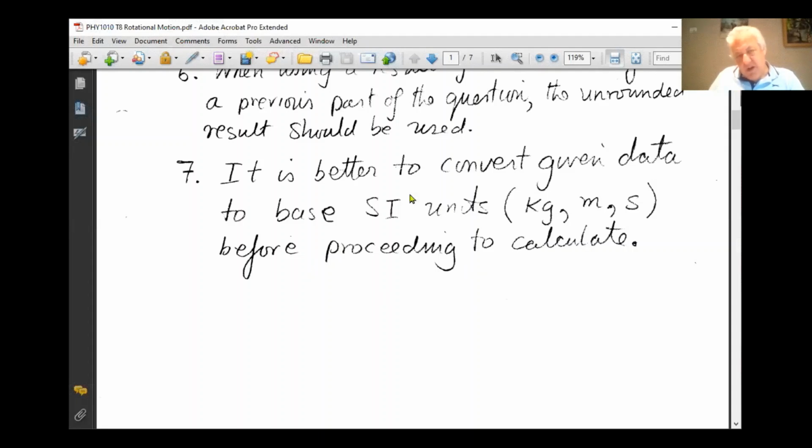It's a bit more work, but it's worth converting to base SI units. When we're just doing normal mechanical calculations, the base SI units are kilograms, meters, and seconds. Obviously, when we come to other areas, electromagnetism, for example, you'll need units for electricity and magnetism, and so on. But while we're doing mechanics, the base SI units you will need are kilograms, meters, and seconds.